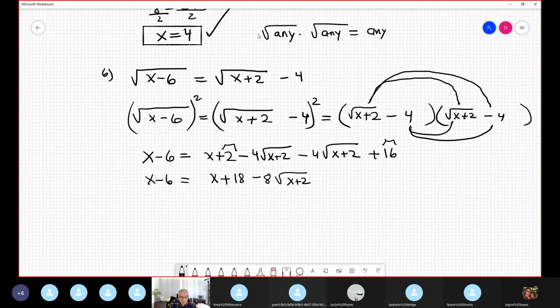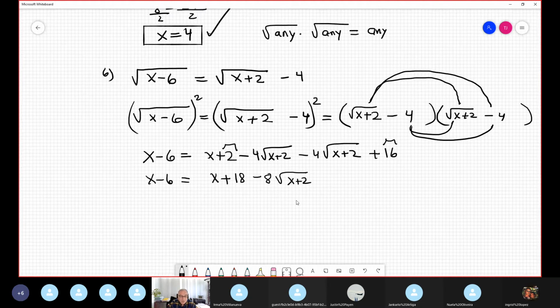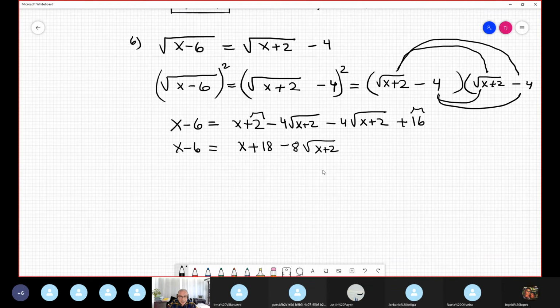So now I need to isolate the second radical which stays alive. So x minus 6 minus x minus 18. I move this guy and this guy to the left and stay alive along the radical part.